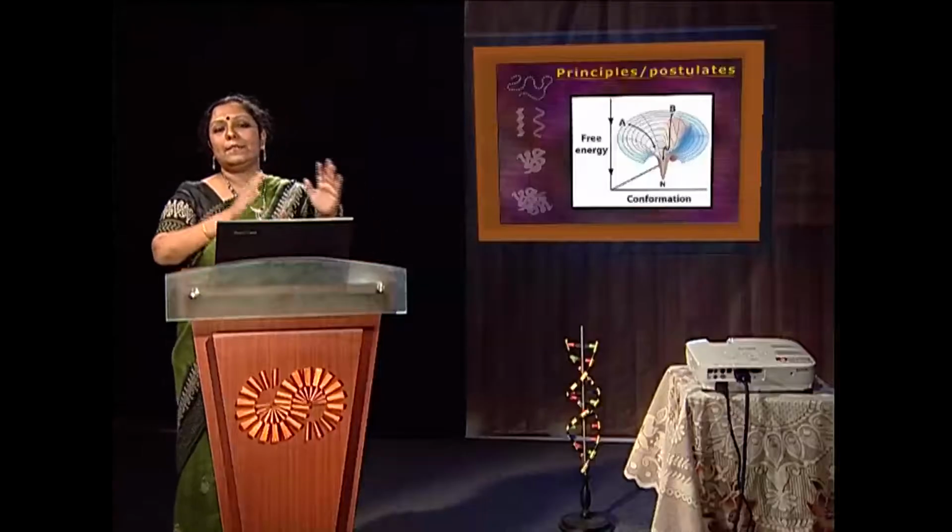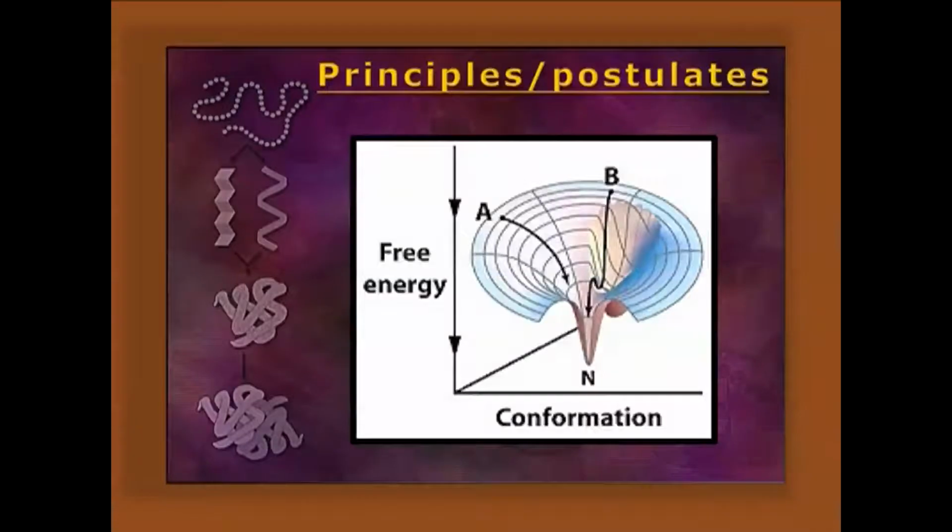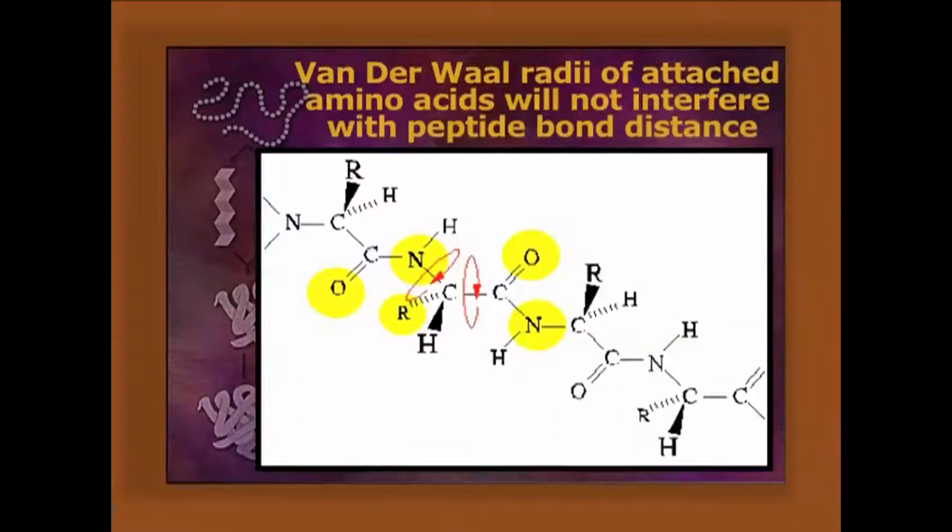Now there were some postulates or principles derived by Pauling by which the peptide bond structure was proposed. What were those postulates? Number one, he postulated that some of the bond lengths and bond angles were distorted. Number two, non-bonded atomic distance will not cross the van der Waals radii of the atoms itself.